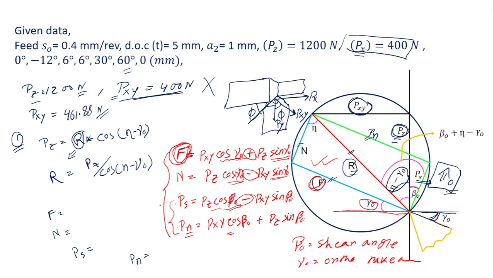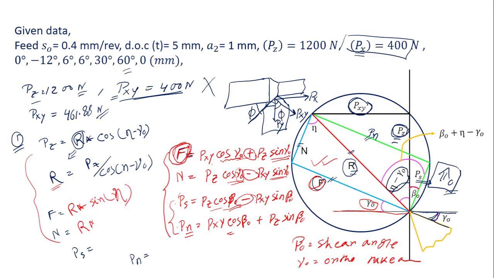So let's get back to solving this question. We have two approaches. Either we have the R value first, then we can write F is equal to R into sine of eta.